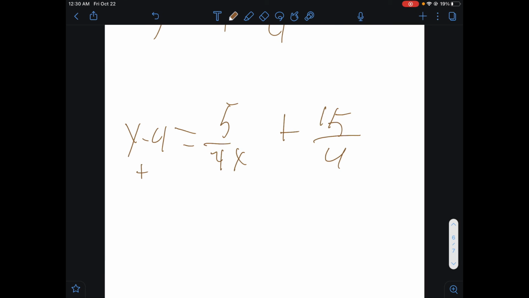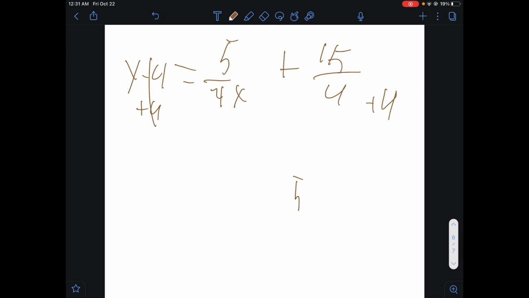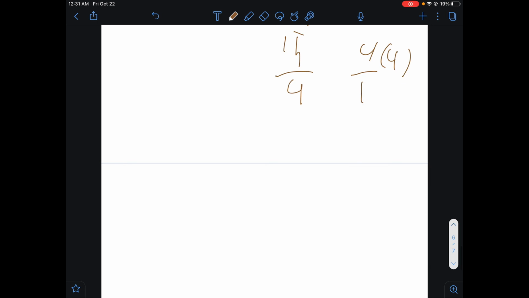We're gonna add 4 to cross this out, add 4 here. To add 4, we need to make this a fraction, so we need to put 15 over 4, so this goes here, and this one makes it into a fraction, so we do 4 over 1. 4 times 4 is 16, and 4 times 1 is 4, and we have the same base, 15, okay?